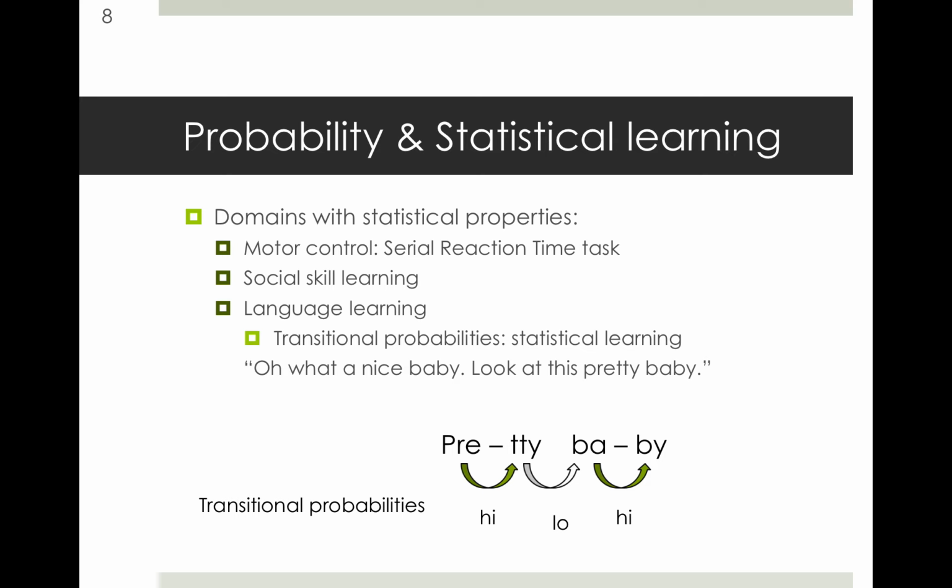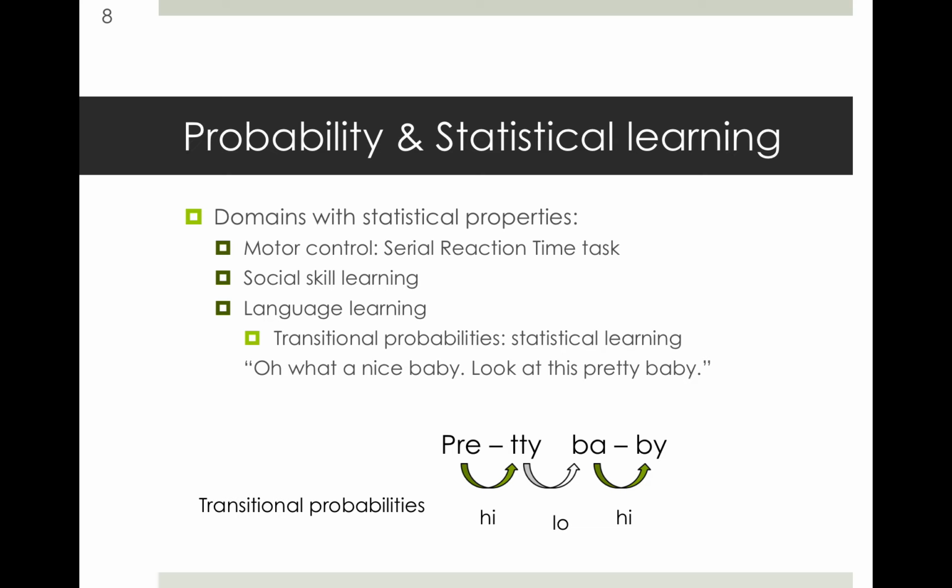And it can do so by looking at all the sounds and looking at transitional probabilities between each pair of sounds. So transitional probabilities just means the probability of one syllable given the previous syllable before it. So within this corpus, this very simple language that you've just been exposed to, there's a word that shows up twice, and that's baby.